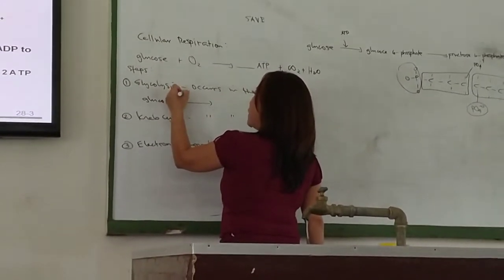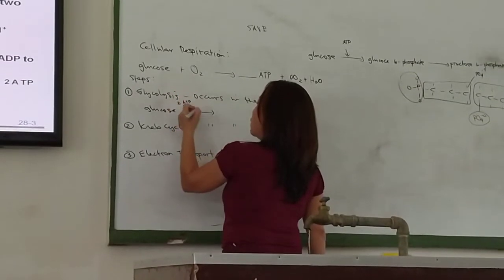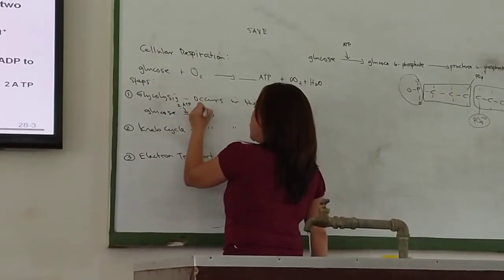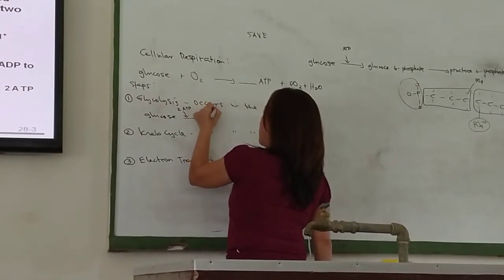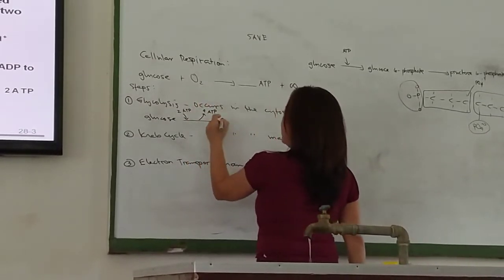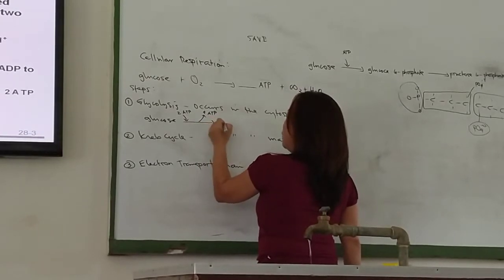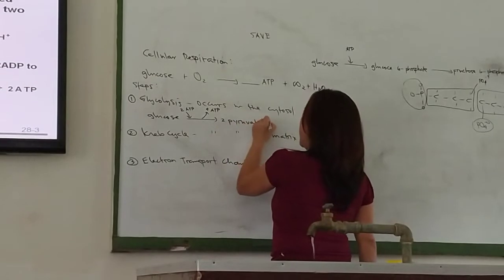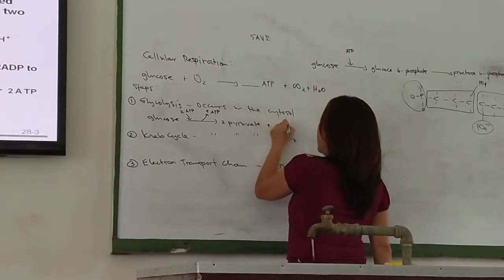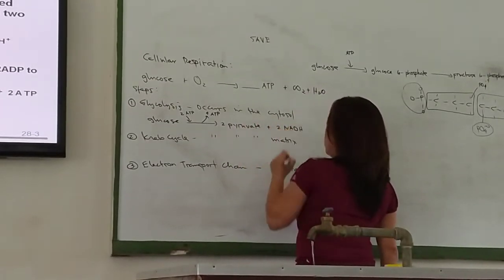This requires 2 ATP to start with, and as a result, this releases 4 ATP molecules, and then plus, of course, you have 2 molecules of pyruvate and 2 molecules of NADH. Okay.